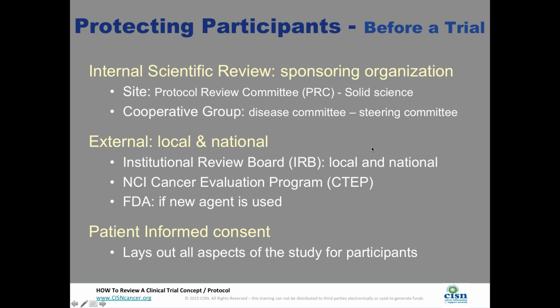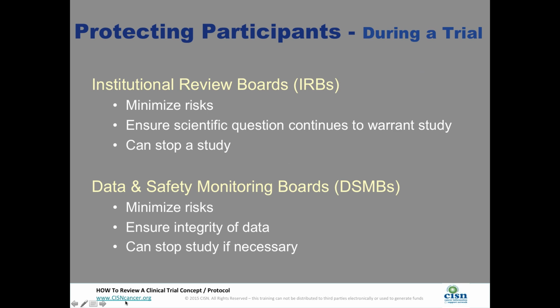The external groups that are looking at it are the IRB. CTEP will be looking at that as submissions come in, and the FDA will as well. The patient-informed consent, all aspects have to be laid out in a way that protections are easily understood by patients.